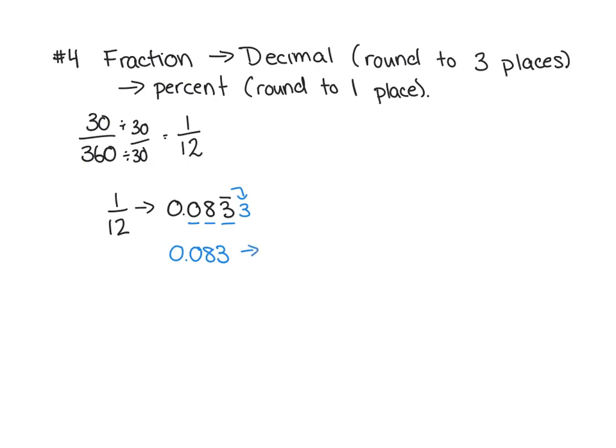So remember, when we go from a decimal to a percent, we multiply it by 100, right? Which is the same thing as moving our decimal over 2 places. So that should give us 8.3. Okay, so this would be 8.3%, and they asked us to round to 1 place, so it's fine that we have the 1 place after the decimal here.